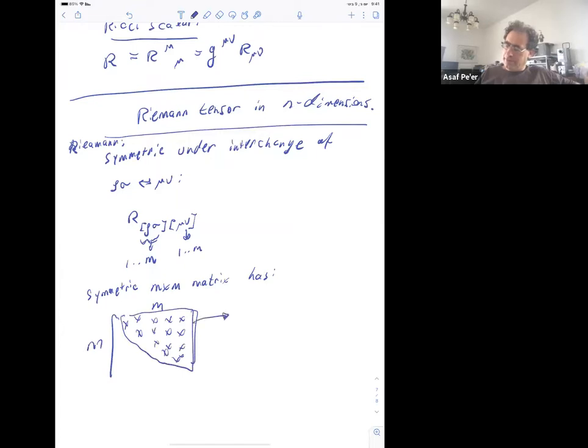So we have m times m plus 1 over 2 independent components.